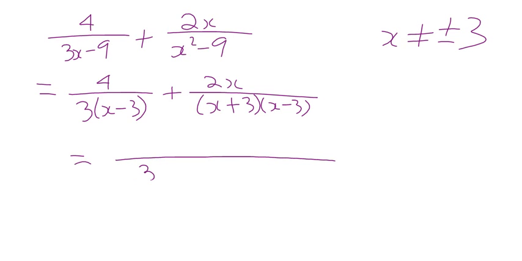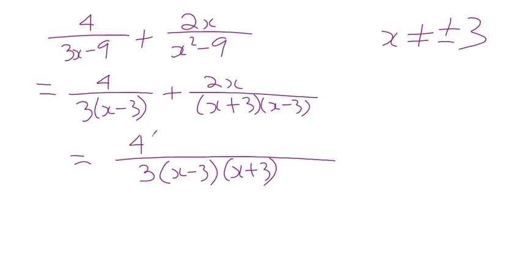Here's my lowest common denominator. I need a 3, and I need an x minus 3. And I see an x plus 3. And I see another x minus 3. Do I need to write it down? No, because if I cover this up, I have that denominator, and if I cover the 3 up, I have that denominator.